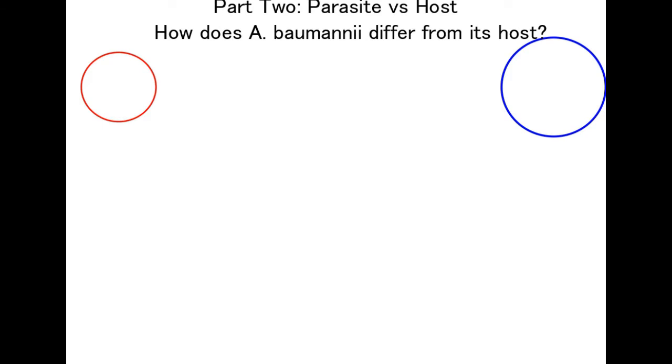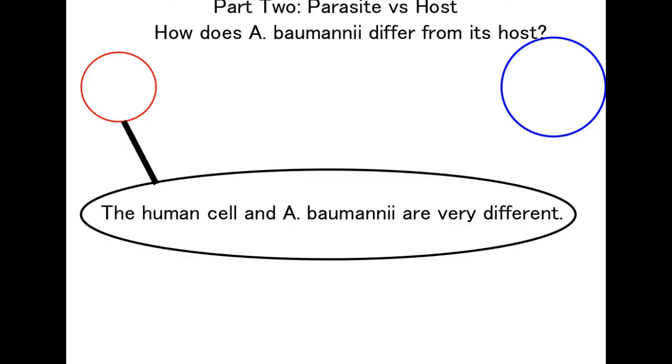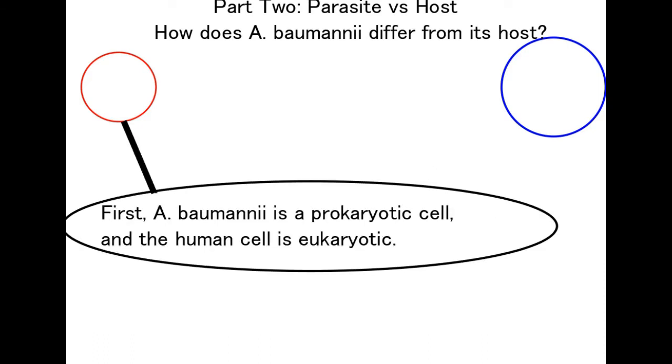What are some differences between the bacteria, the parasite, and the host, which is a human? The human cell and Acinetobacter baumannii are very different. First, A. baumannii is a prokaryotic cell and the human cell is eukaryotic.